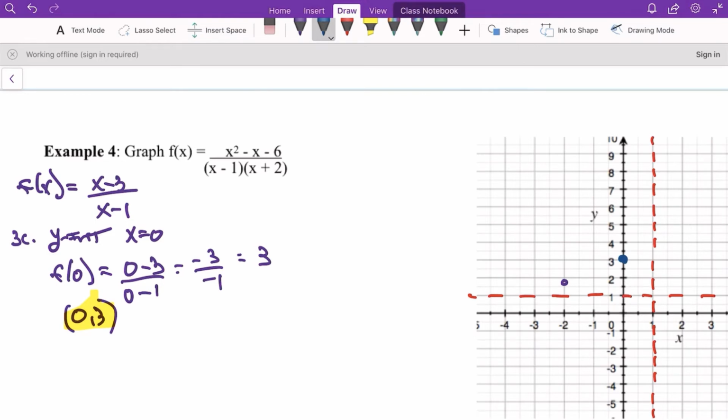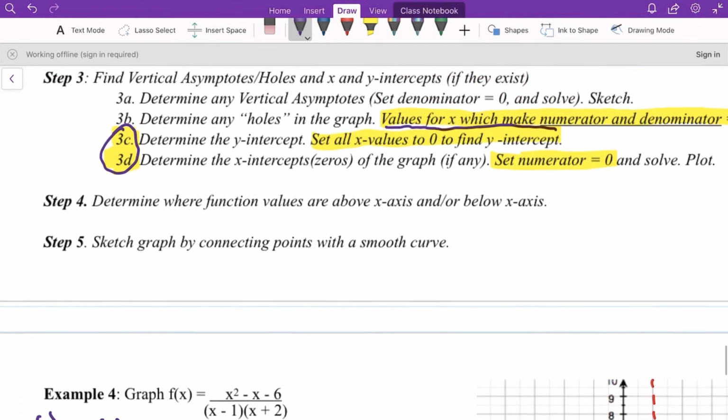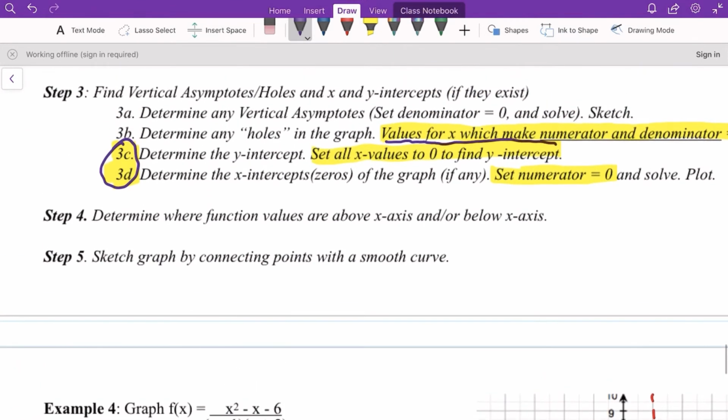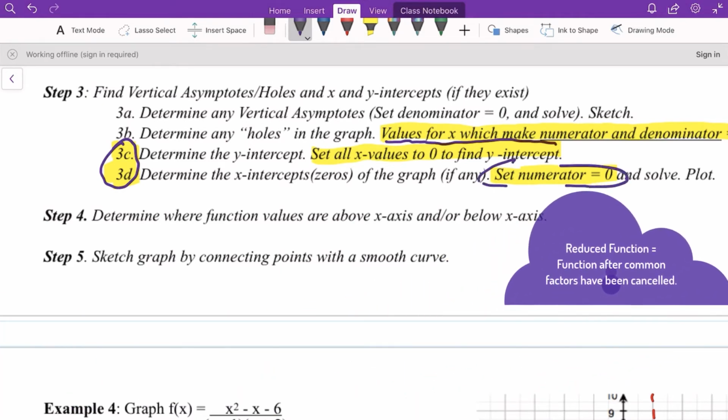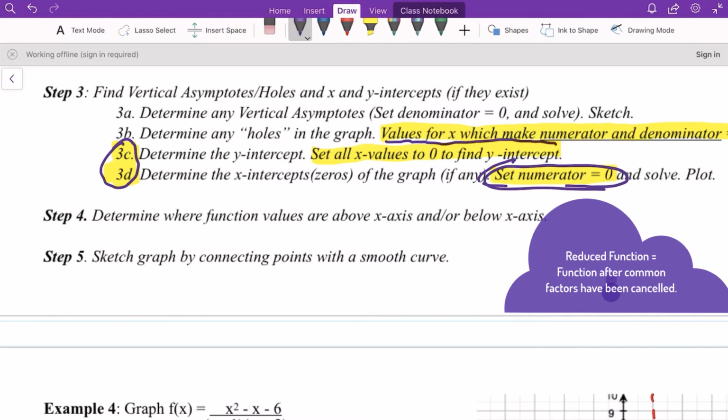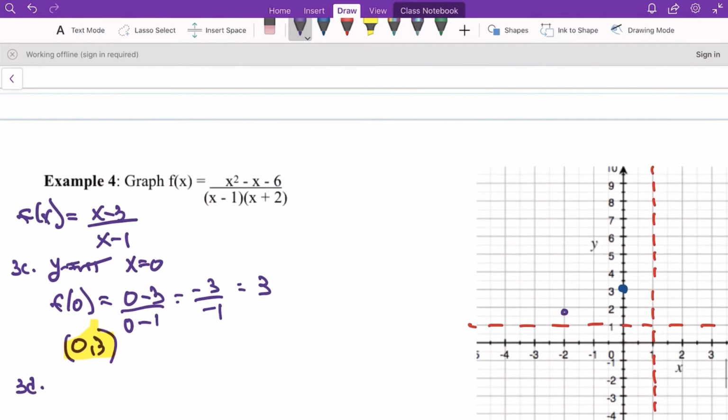And then the last part of step 3 is we're going to find the x-intercept. Again, let me scroll back up quickly. For the x-intercepts, you're going to work on your reduced function. You're only going to set your numerator equal to 0. So here is my reduced function. We're always working off the reduced function after we've canceled any factors.